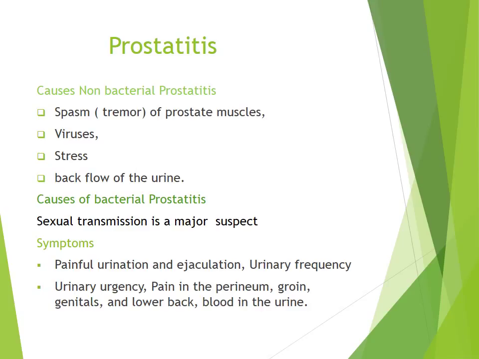Bacterial prostatitis is mainly due to sexual transmission. The symptoms are painful urination and ejaculation, urinary frequency, urinary urgency, pain in the perineum, groin, genitals, and lower back, and you will also notice blood in the urine.